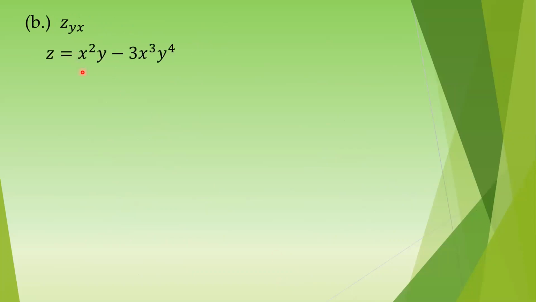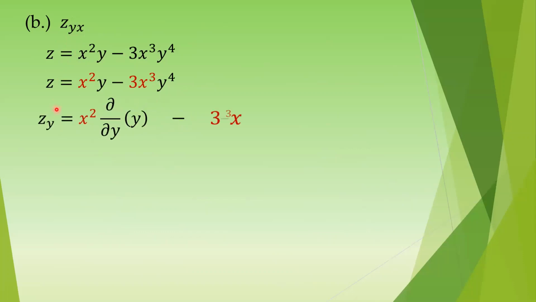So again, z equals x squared y minus 3x cubed y raised to 4. So we're going to differentiate first partially with respect to y. So y muna tayo. So ibig sabihin, ang x squared ay constant. Same with 3x cubed. Then differentiating, we have z sub y. So x squared dyan, constant muna.